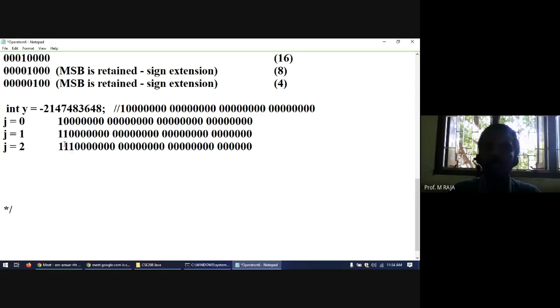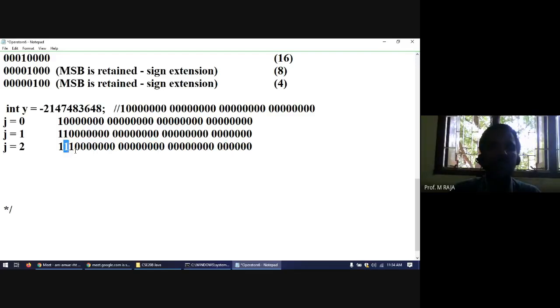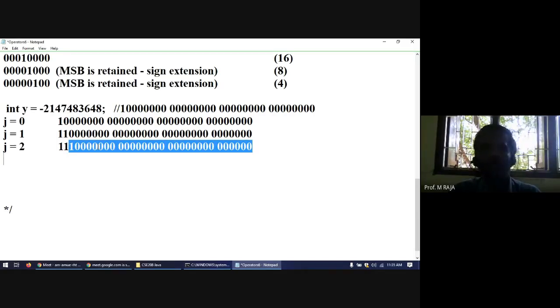Now decode this highlighted sequence in 2's complement format. From right to left, you try to see where the first one is. You keep all these bits as it is, and the one before that is converted into 0. So this is the 2's complement of that highlighted number, and the 1 indicates a negative quantity. So the equivalent value of this highlighted one is the previous value divided by 2.